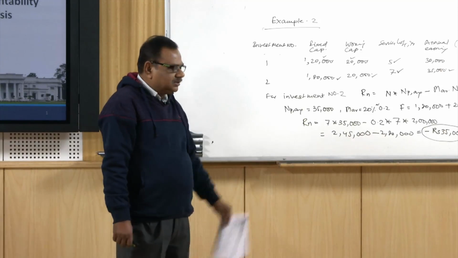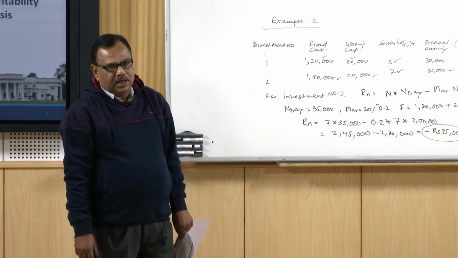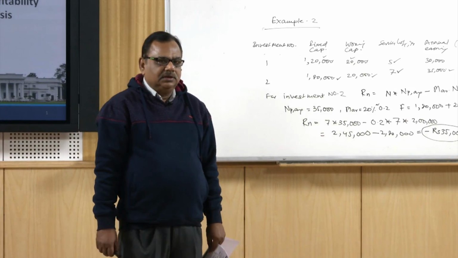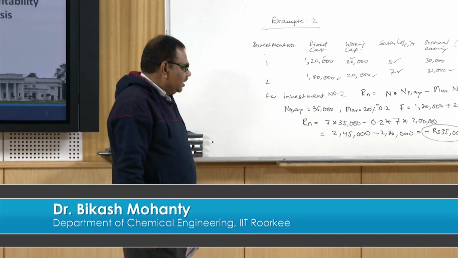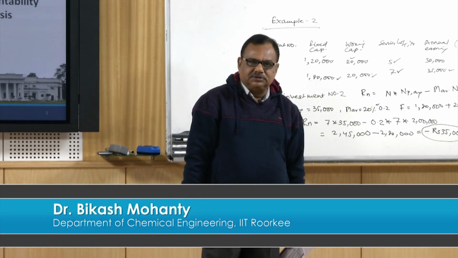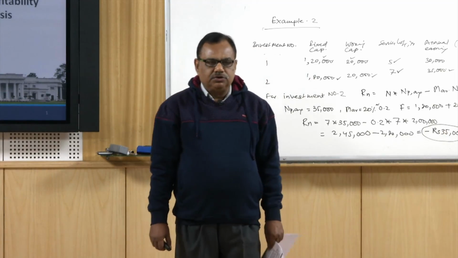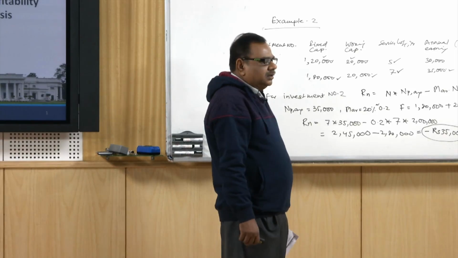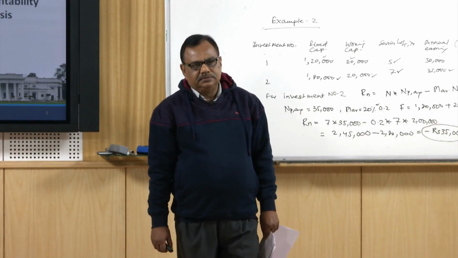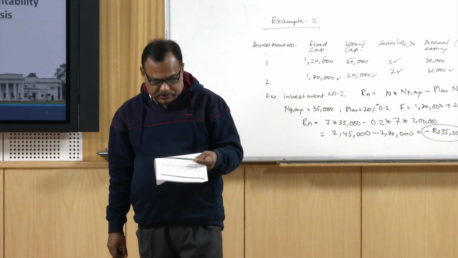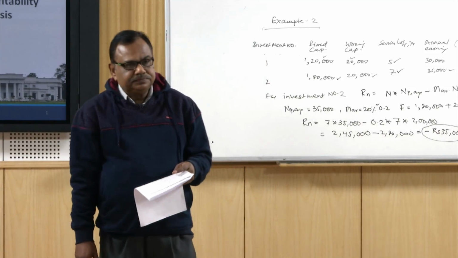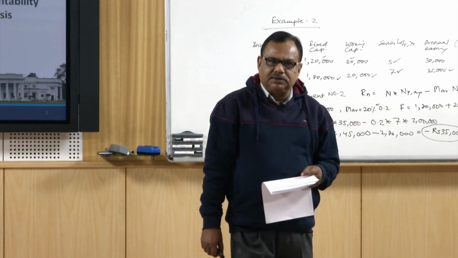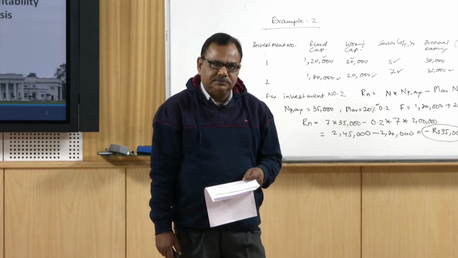In the last example, it was 20%, and if it is positive, then it is able to get more than the minimum rate of return, that is MAR, and if it is even 0, then also it is able to get the MAR. So, if it is 0 or positive, the proposal is acceptable, and if it is negative, the proposal is not acceptable and we have to reject it. Thank you.